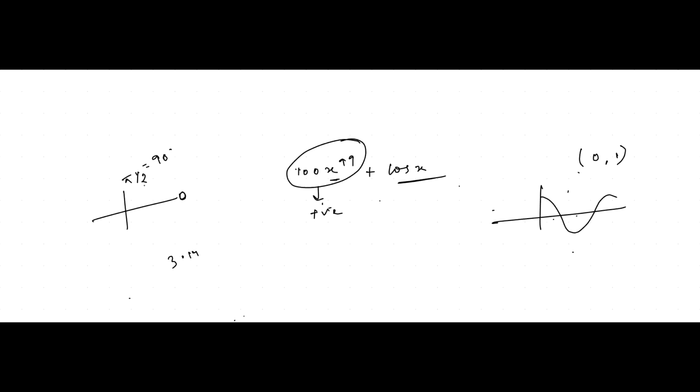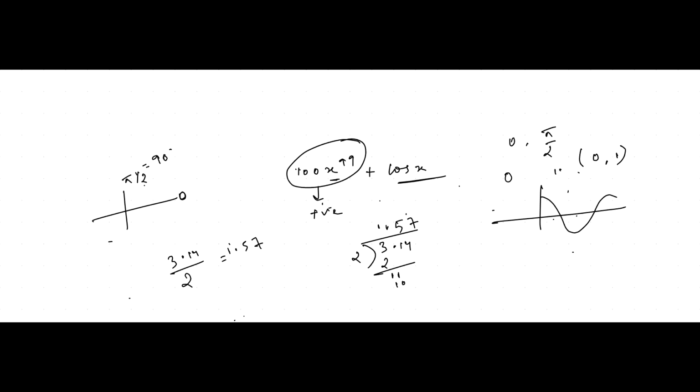Dividing 3.14 by 2 we get 1.57. So pi by 2 means 1.57, right, Fatima? Yes, ma'am. So we can say that in between 0 to pi by 2 cos is positive. That means from 0 to 1.57 cos is positive.